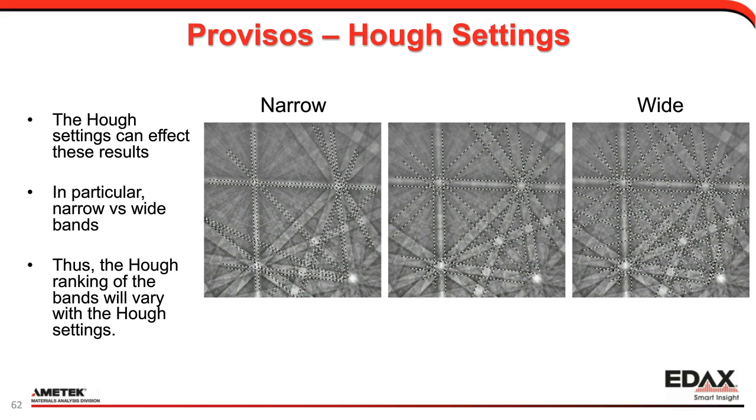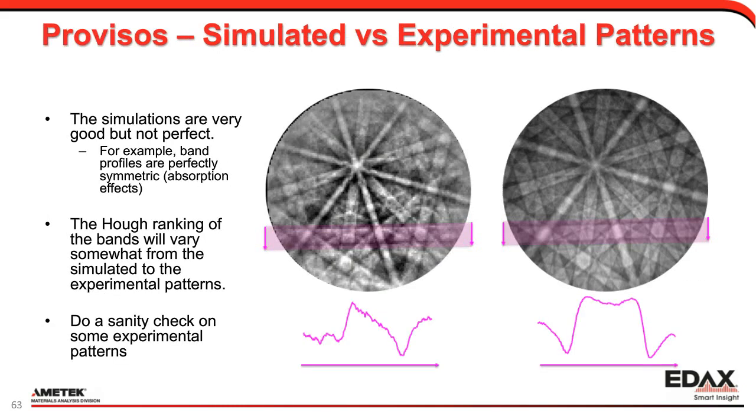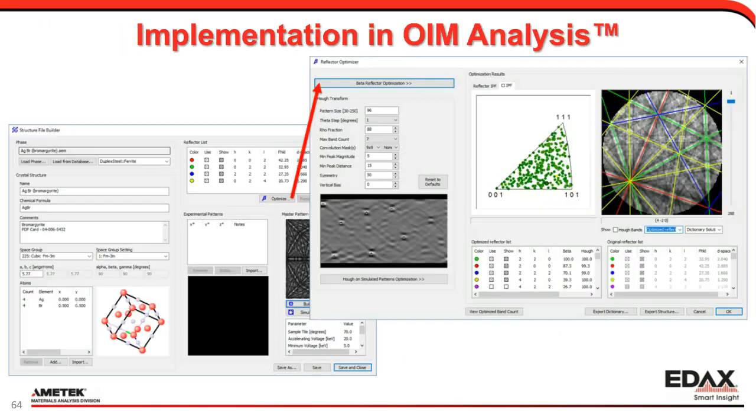So once again, you have the difference in the patterns in the dynamic and in the Hough parameters that you're using. So you really do need to do a sanity check on the experimental patterns you're looking at. And so we can use the beta to get closer to where we want to be, but then compare it with the Hough and make sure things match up to get the best results we can. And it just shows the idea of using a dynamic pattern simulation for more than just the dictionary indexing, but it can be used for others.